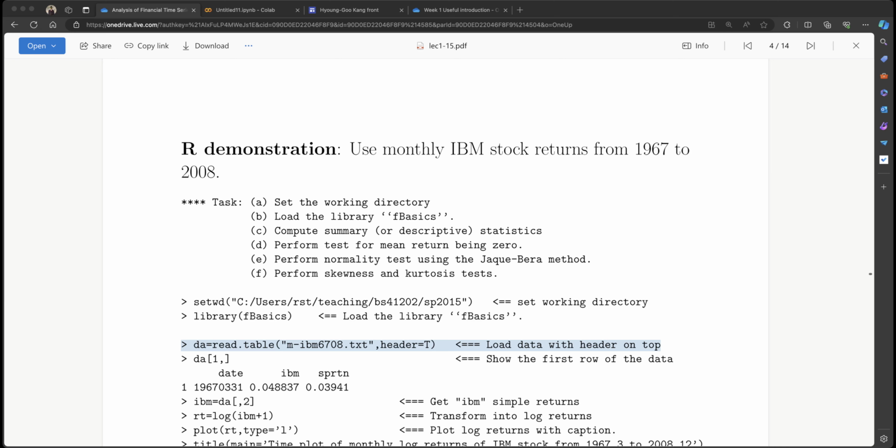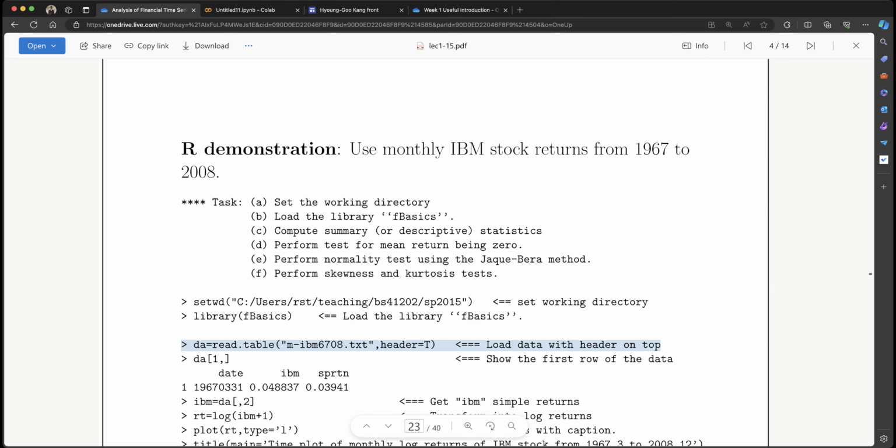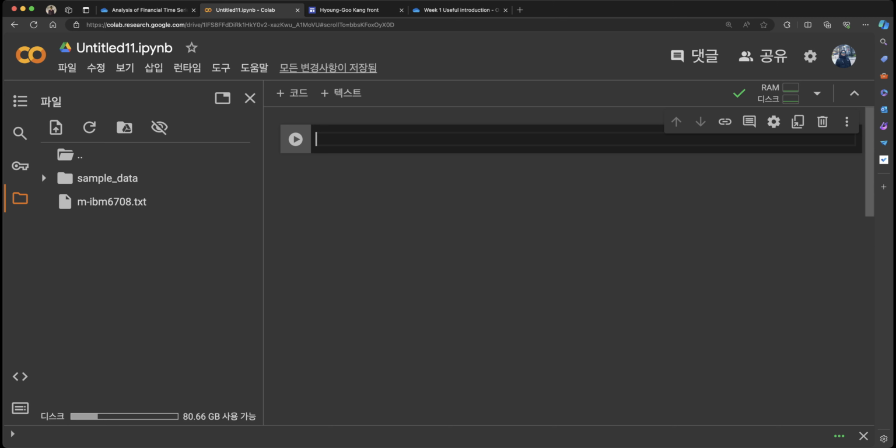In the PDF file, I'm pretty sure you can copy and paste. So you can copy and paste that one. Then copy this one and paste it here, and then you can run it.